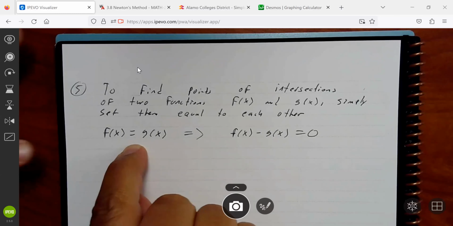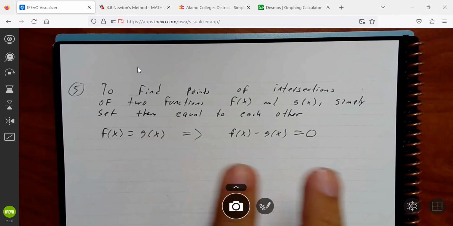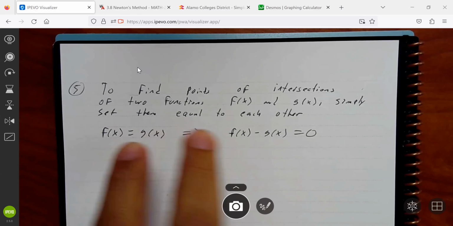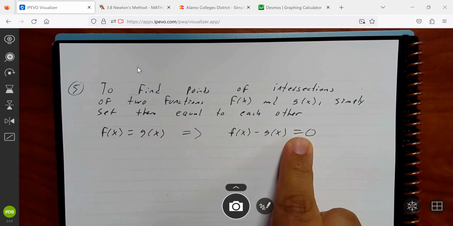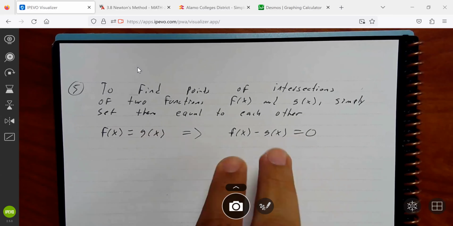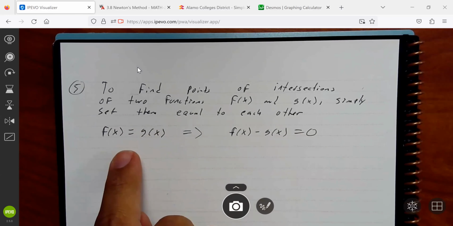Can you repeat that, sir? Yeah, so if they're equal, that means when you subtract them, you would get a 0, correct? Okay. So if you find out what x value does that, then that's the same question from a different perspective, right?